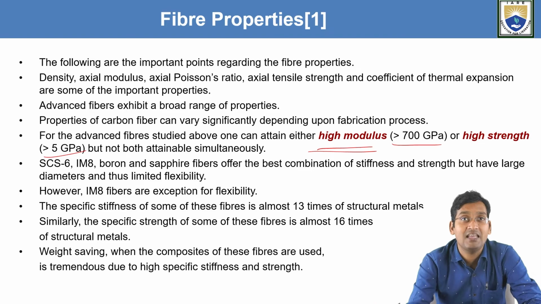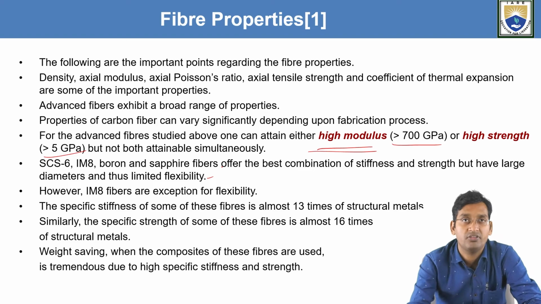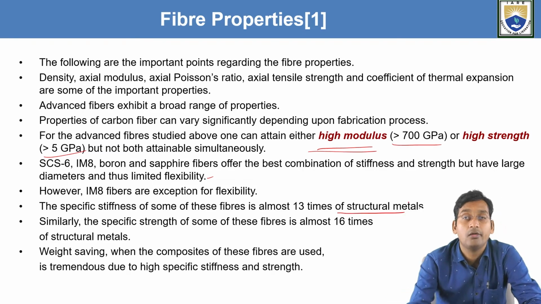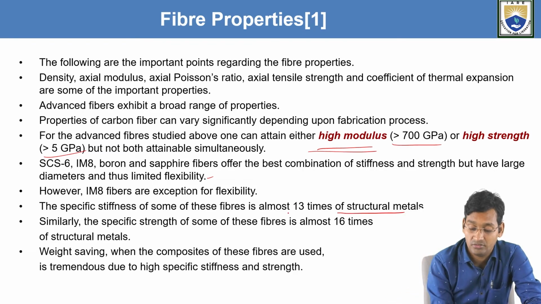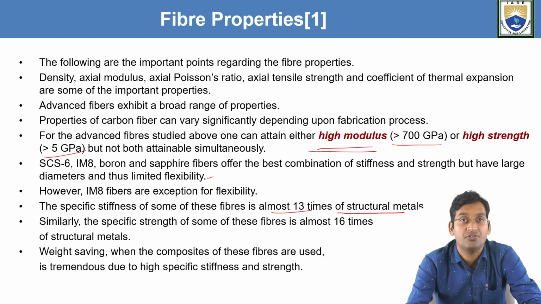Boron and sapphire fibers offer the best combination of stiffness and strength, but have large diameter and thus limited flexibility. However, IM8 fibers are an exception for flexibility. The specific stiffness of some of these fibers is almost 13 times that of a structural metal, whatever the structural metal is, like iron, copper and so on.